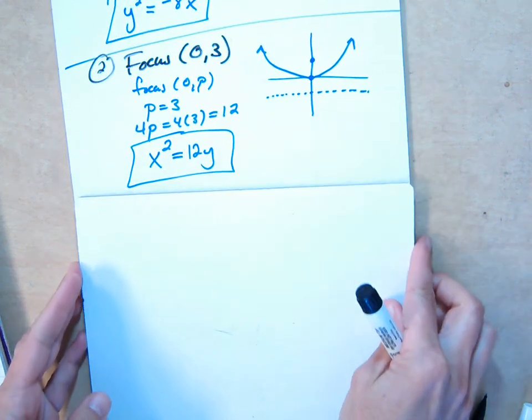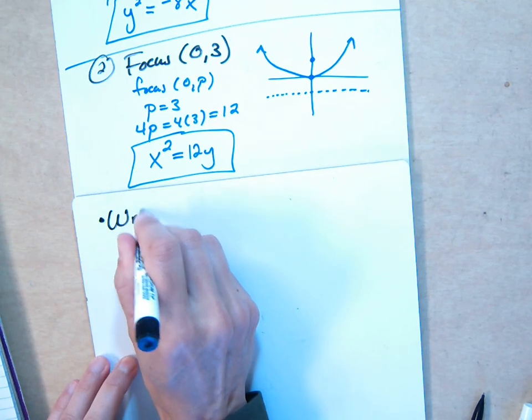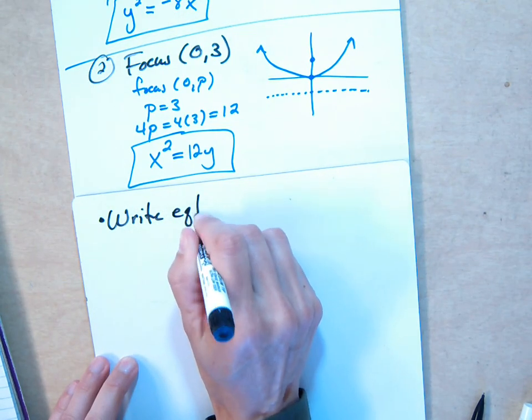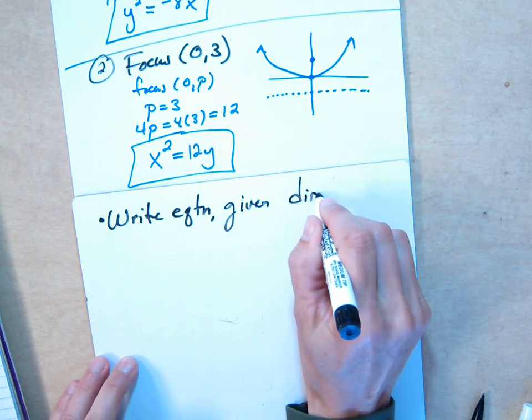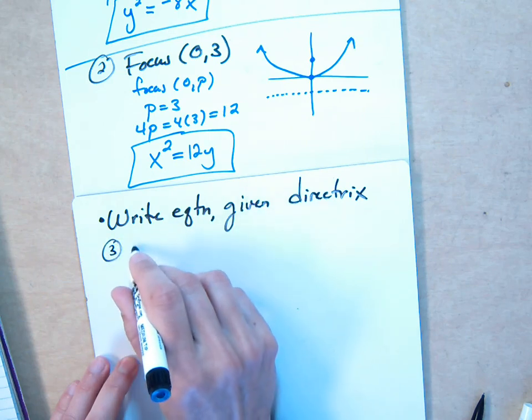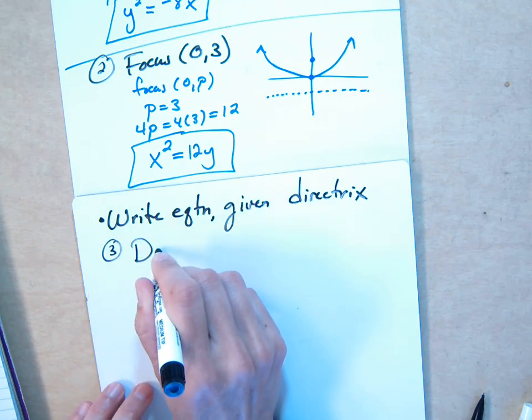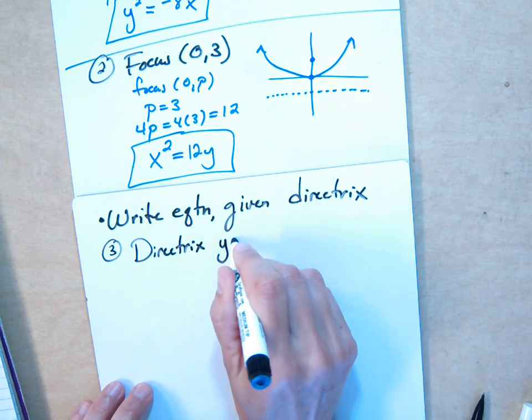The other thing is, write the equation given the directrix. So example 3, let's say I say the directrix is y equals 2.